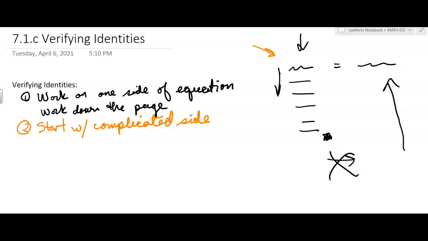Sometimes you can't tell. They look about the same, one side's just as complicated as the other side. And so it may not matter which side you start on. Okay. But a lot of times you'll be able to say, oh, this is the more complicated side. I want to start with that one. All right. Look for an identity.